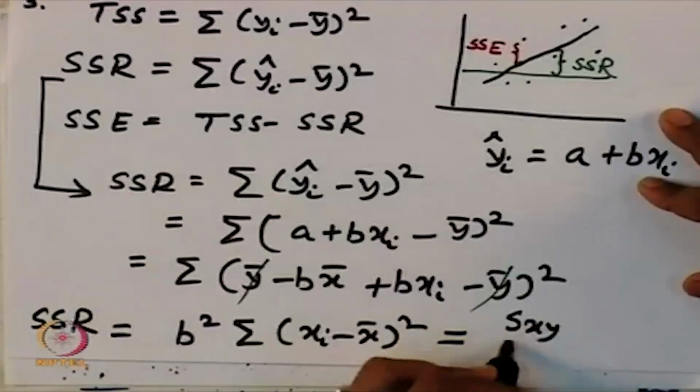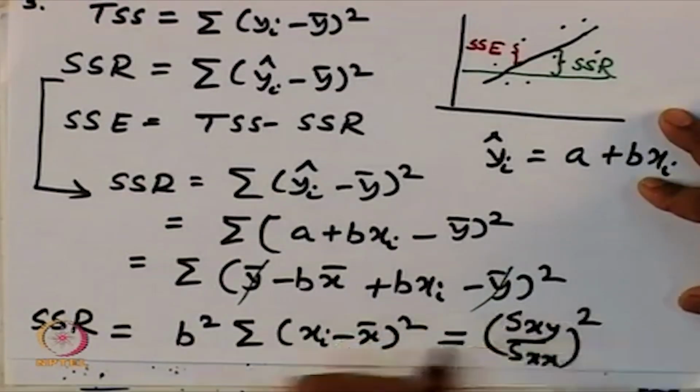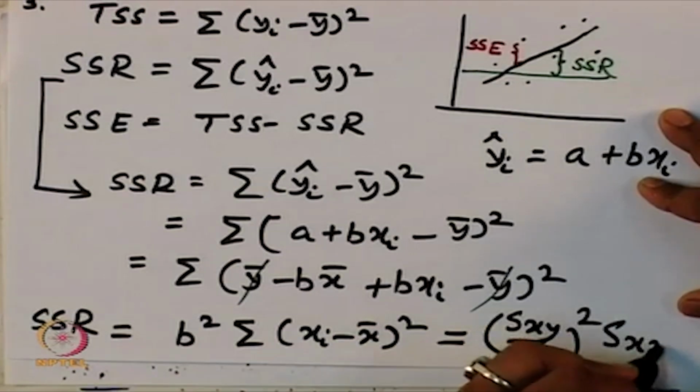Okay. And so, this you can rewrite as Sxy by Sxx is what b is, times this, which is nothing but Sxx. Okay.